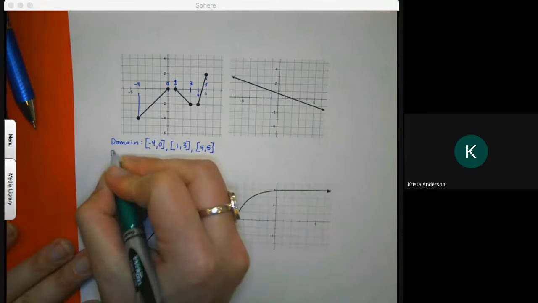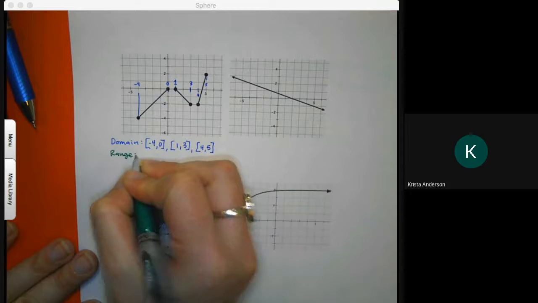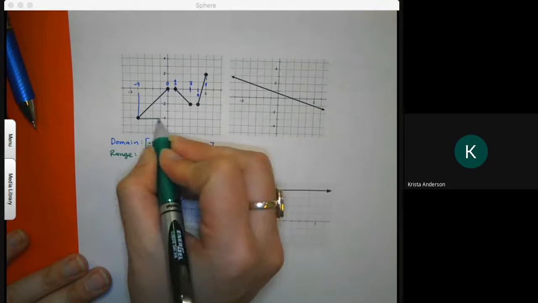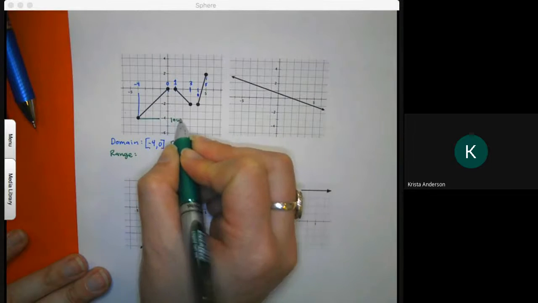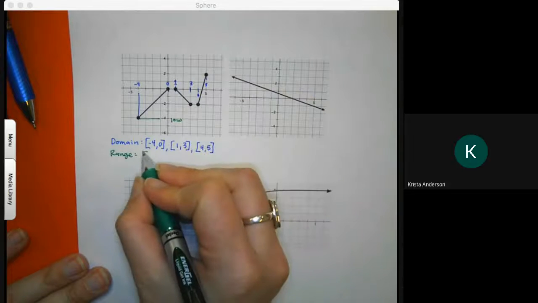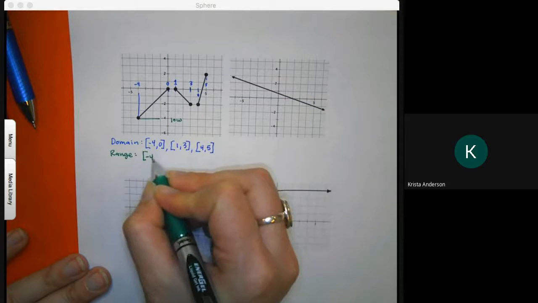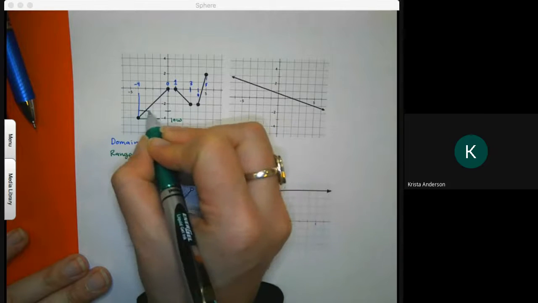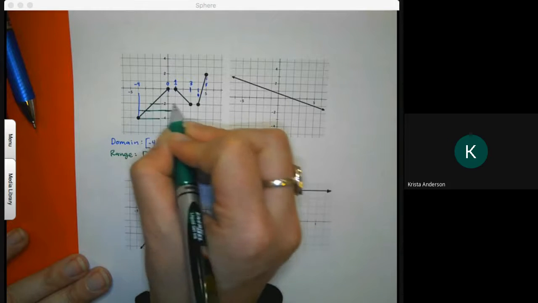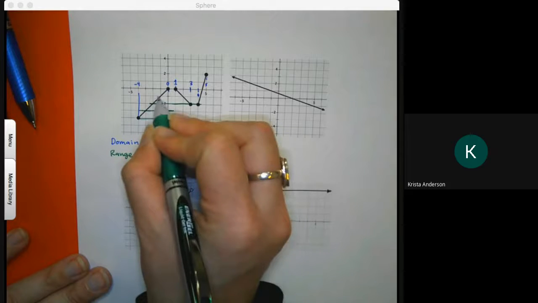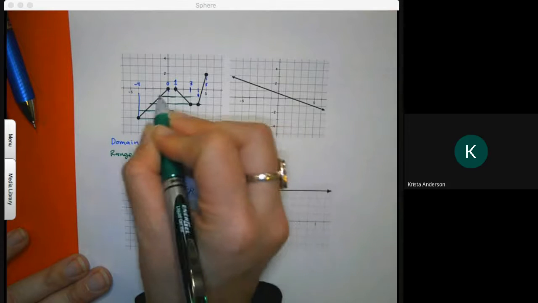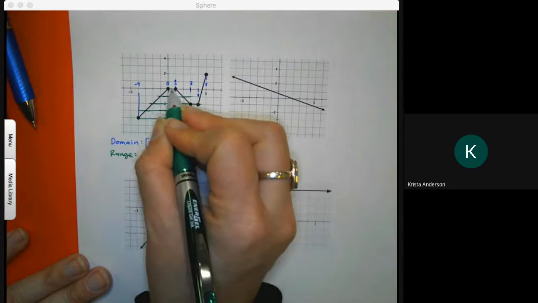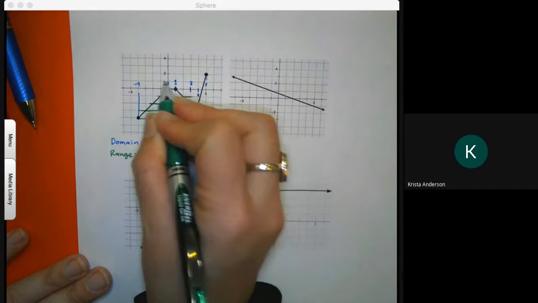Then my range, I see how low it goes. -4 is the lowest, and it's a closed dot. Then it goes, do you see how there's a line here? -3 counts, -2 would count, -1 would count because it's touching all those points.